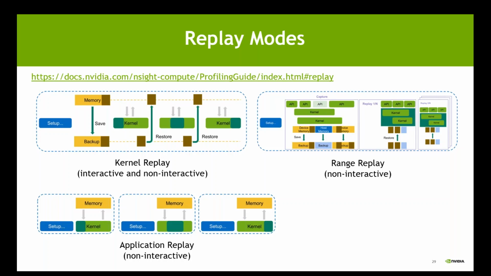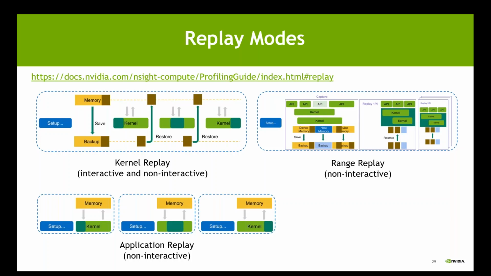And obviously, if you don't make changes to your application, rerunning the same kernel multiple times is not trivial. It requires that all the context of the kernel, like the memory you can access, is saved, and after each run is restored so that the kernel is deterministically and reliably always run on the same data. So that's what we call kernel replay.